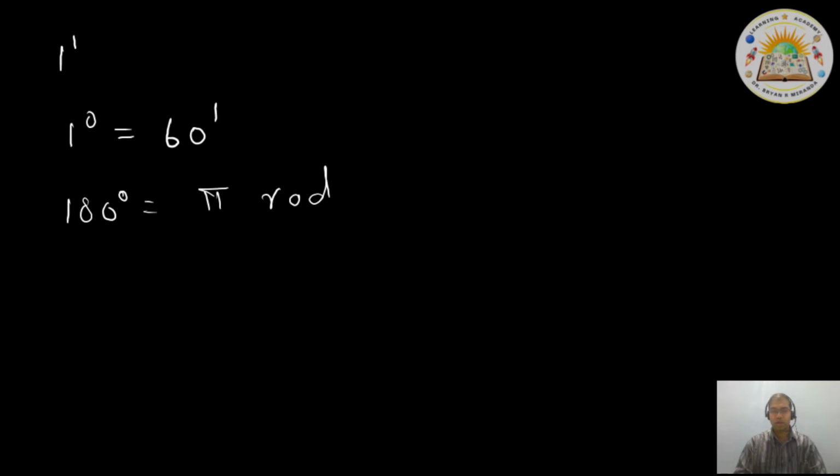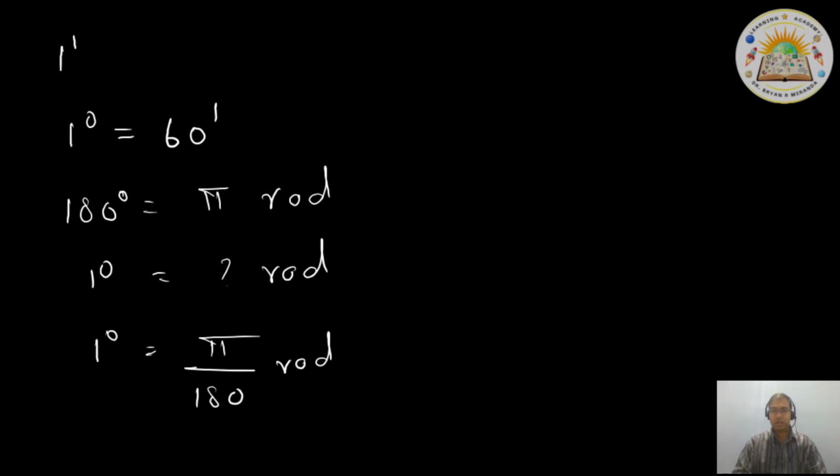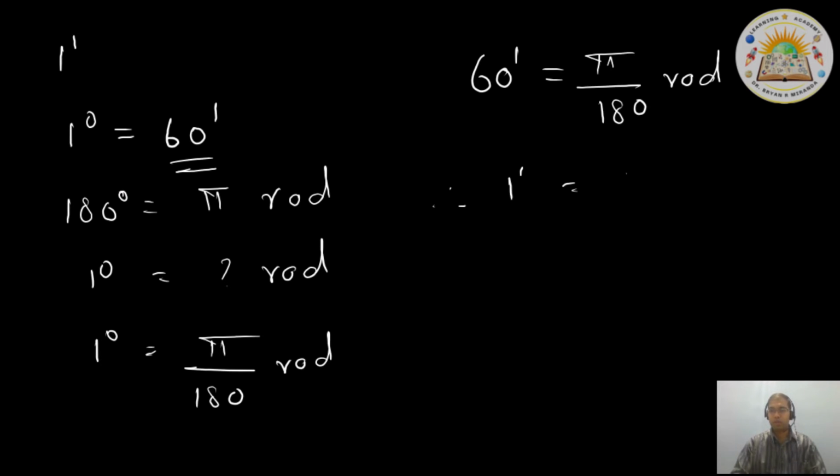So from here we can do a small calculation. 1 degree is equal to how many radians? 1 degree will be pi by 180 radian. And 1 degree is equal to 60 minutes. That means 60 minutes is pi by 180 radian. Therefore, 1 minute will be how much?